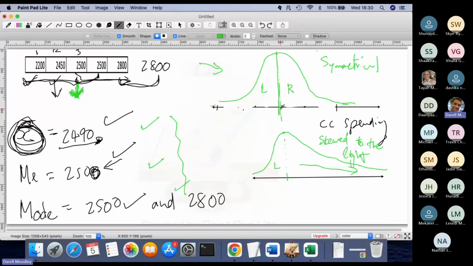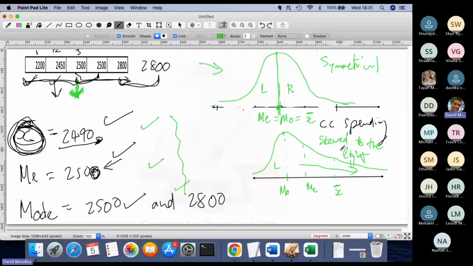So in this case, the center point represents your median, it also represents your mode, and it also represents your average. All of them are the same. However, for the graph in the bottom, the highest point is always your mode, right? And next to it is your median. The median is the middle number, and on the right of it is your average.